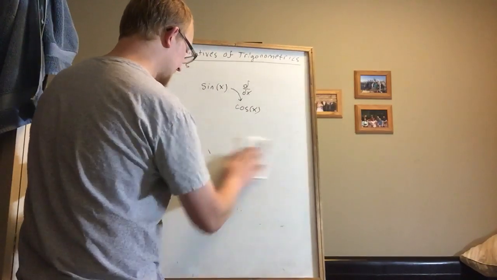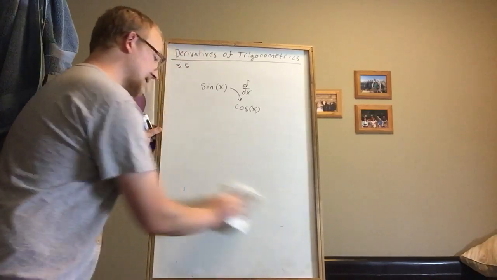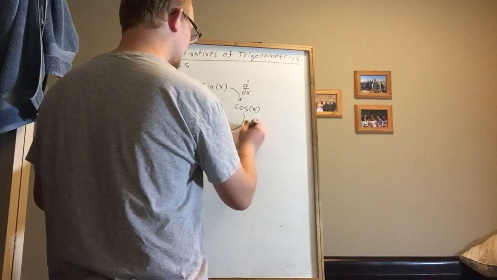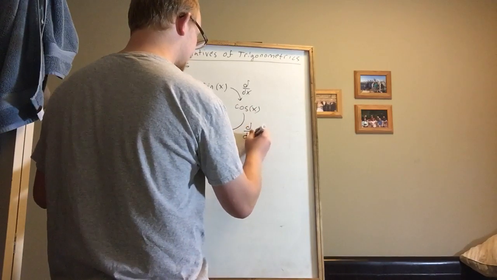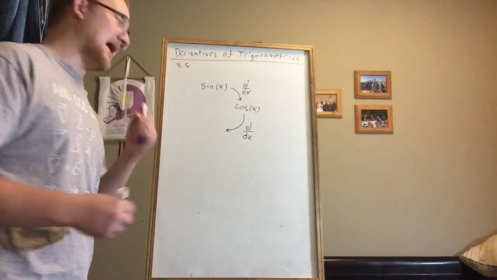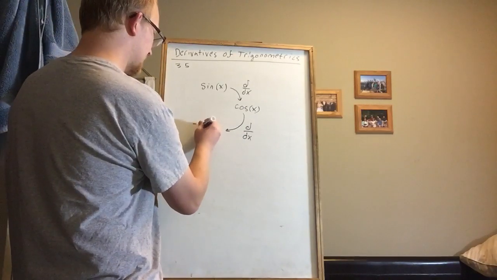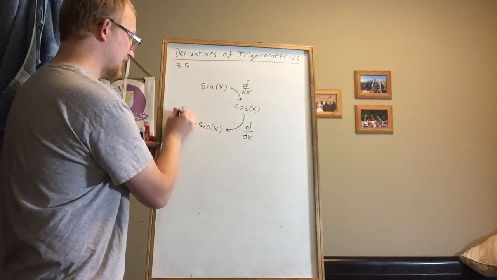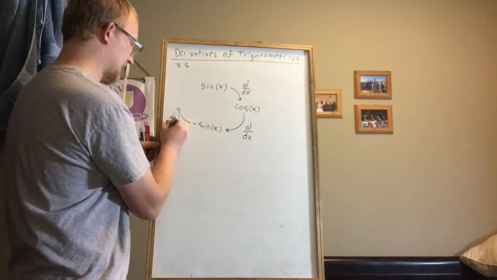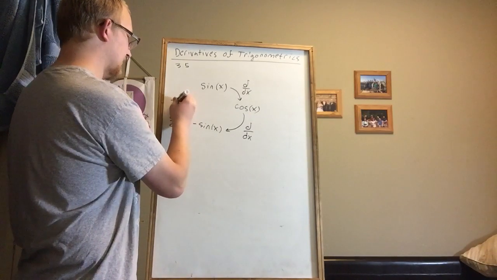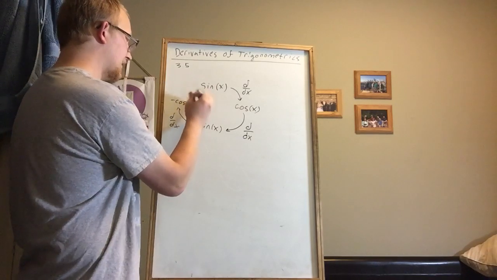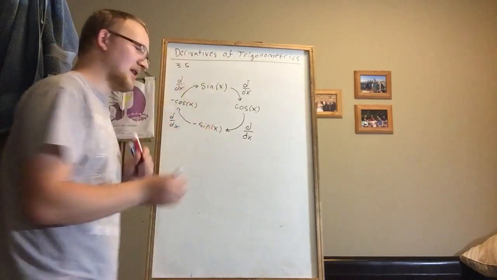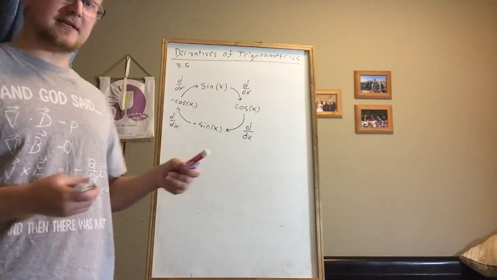So the next step is what is the derivative with respect to x of cosine of x. And that happens to be negative sine of x. And the derivative with respect to x of negative sine of x is negative cosine of x. And the derivative with respect to x of negative cosine of x is sine of x.